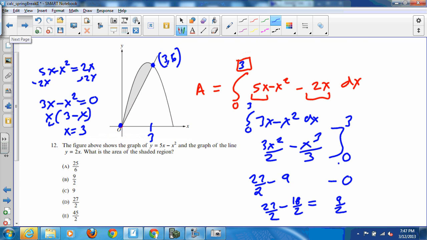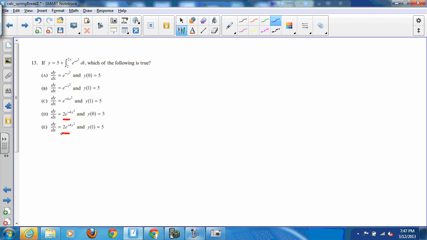Let's go on to the next one. Alright, this is a bit of a tricky problem here. Let's look at the question first. They give us that y is equal to this weird function, 5 plus some integral here.